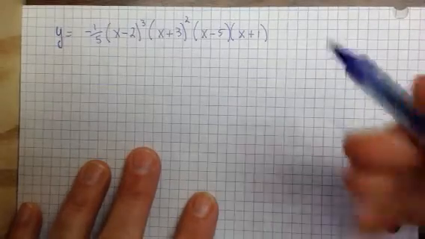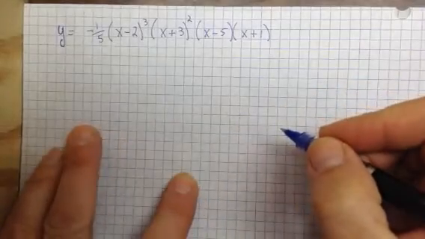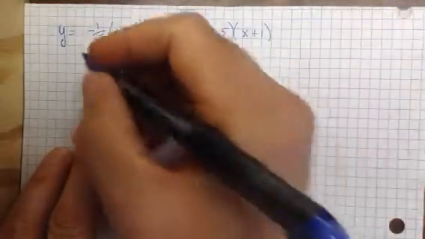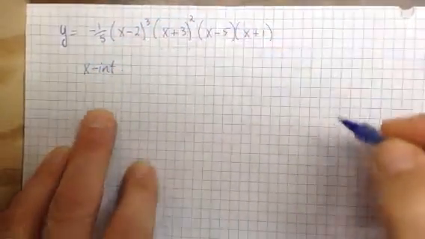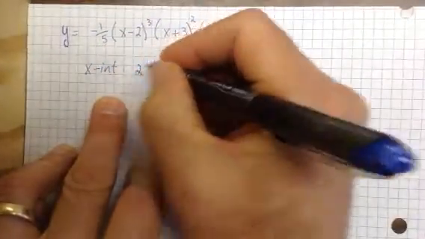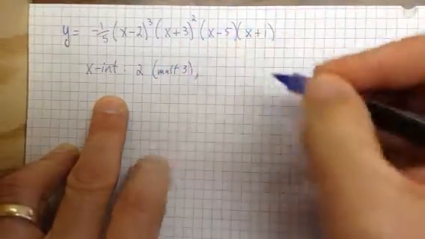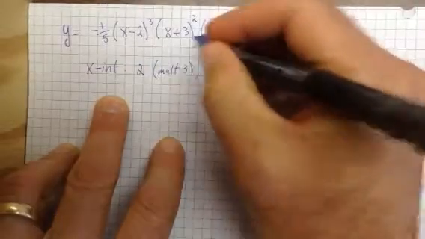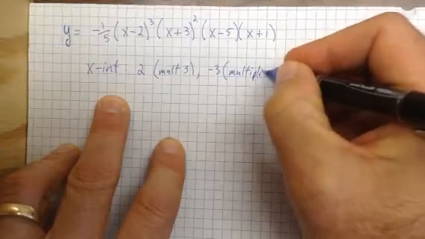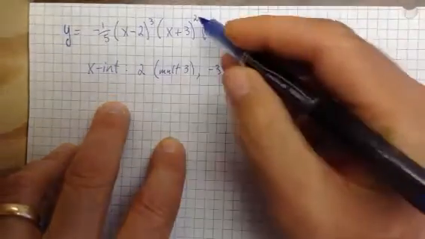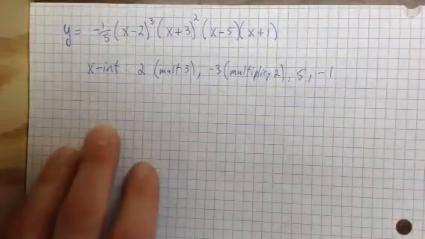Okay, here is a slightly more complicated example, so we'll just kind of rip through this. Hopefully you followed the other one, so we'll skip to finding x-intercepts, which should obviously be 2, which has multiplicity 3, negative 3, which has multiplicity 2, 5, and negative 1.